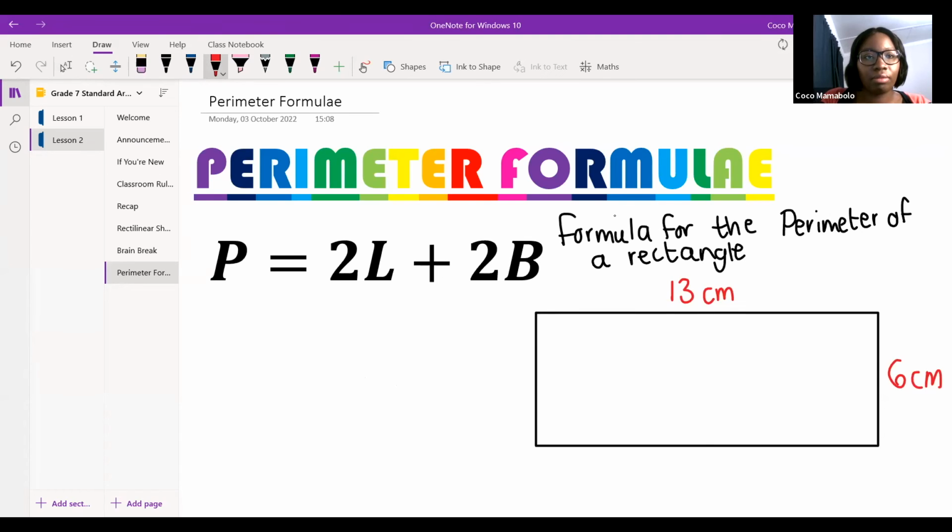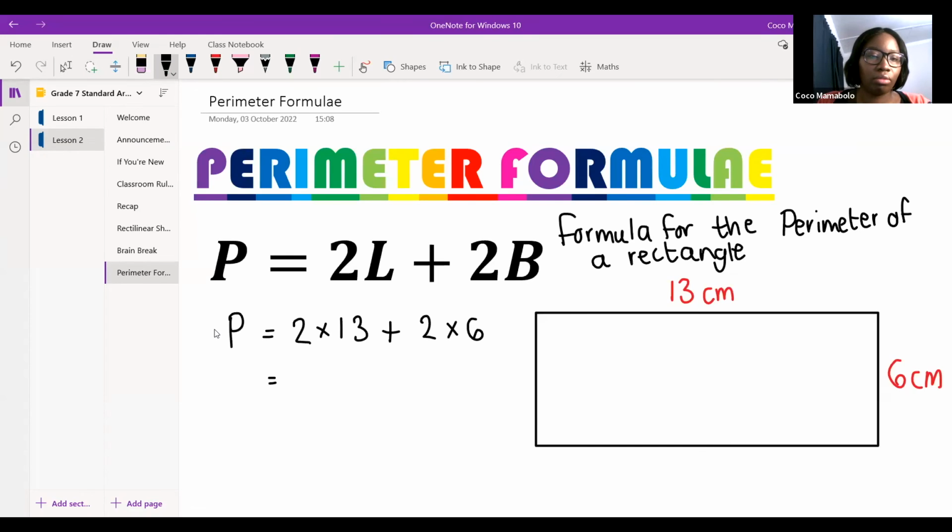Okay, so for the length, it's going to be P equals 2 times 13 plus 2 times 6. Excellent. Which is equal to what's 2 times 13?